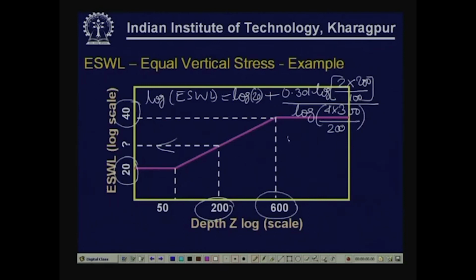Solving this, we will get an equivalent single wheel load of 34.2 kilonewton. This could have been obtained graphically also.